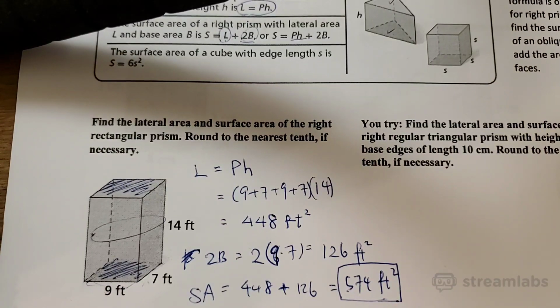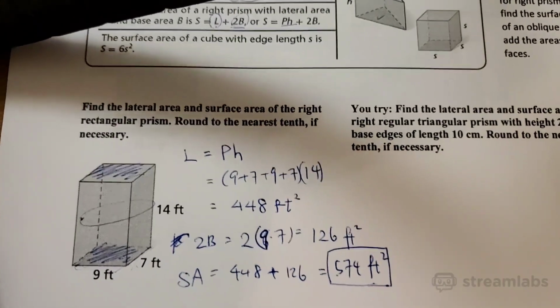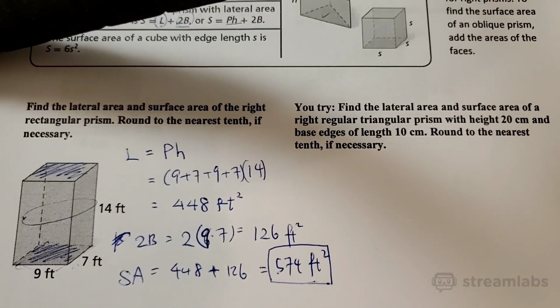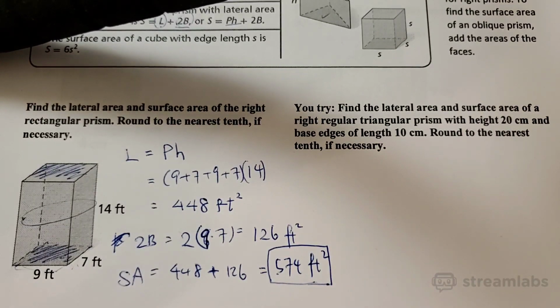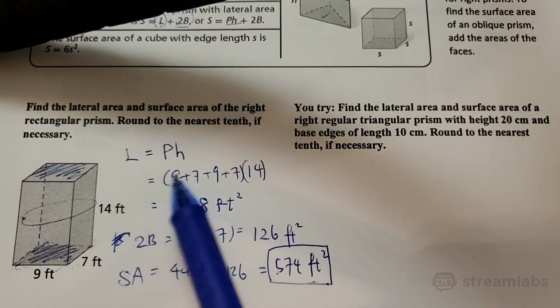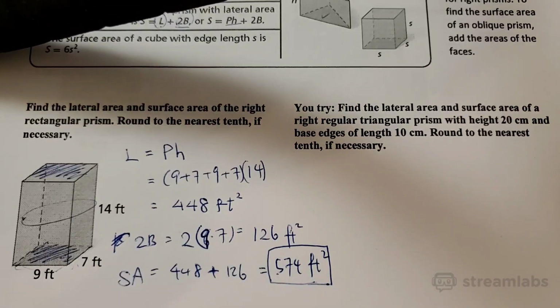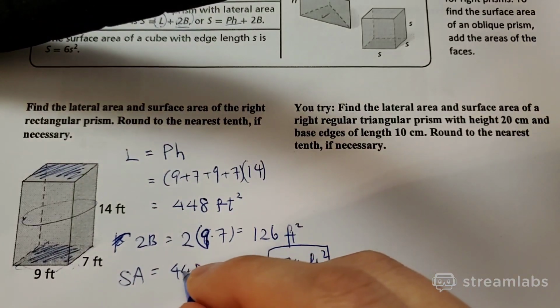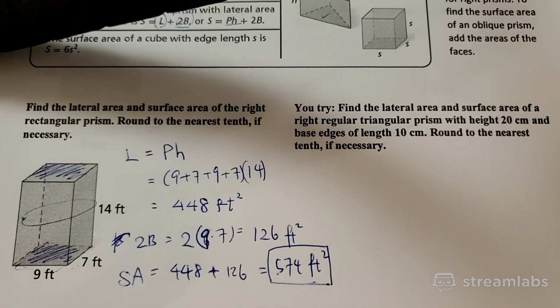Questions so far? How are we doing? So we find the bases and we find the lateral by doing perimeter times height and then add them up. Okay. Your units is in square because it's 2-dimensional, right? You're doing area. If you're okay, try the right side. Give you some time.